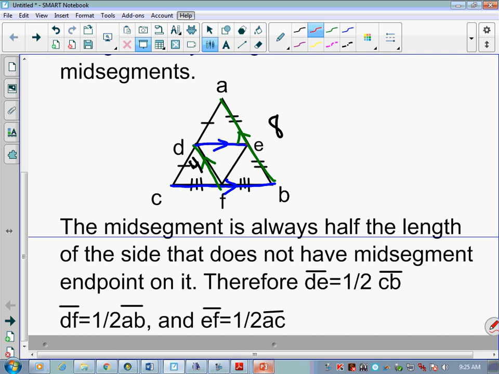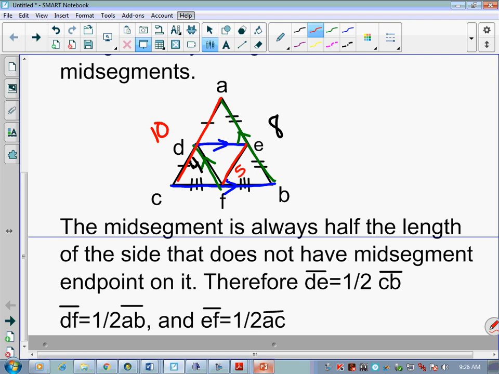What about EF? What is EF parallel to? Austin. AC. And let's work at this the other way around. Let's say that I knew that AC was 10. Would I know what EF was then? It would be 5.